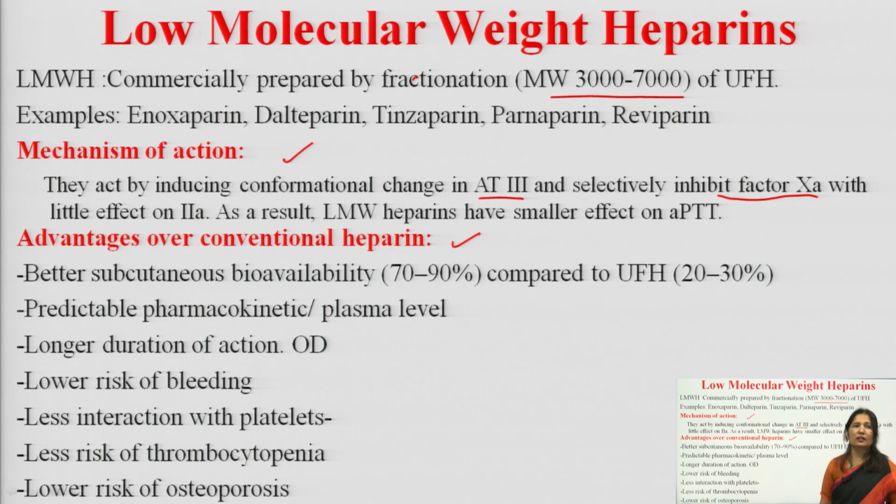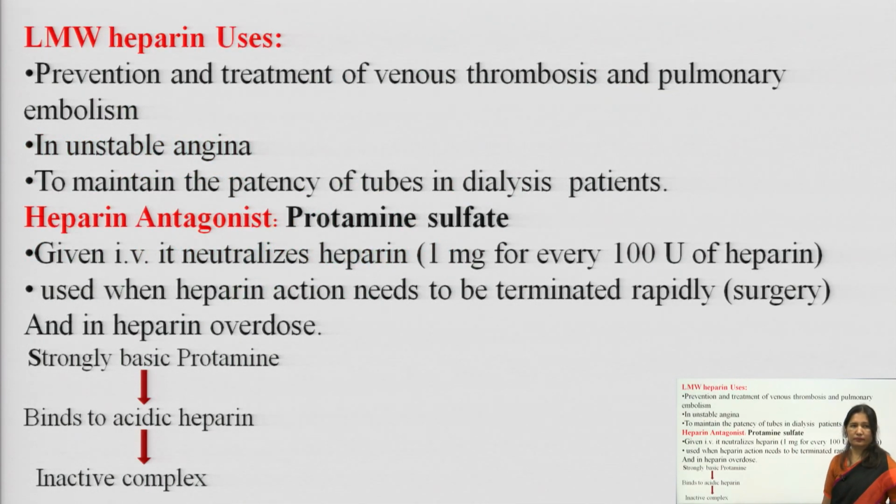Its mechanism of action is similar to that of heparin, but they selectively inhibit factor 10A, and they have advantages over unfractionated heparin because they have a better pharmacokinetic profile.